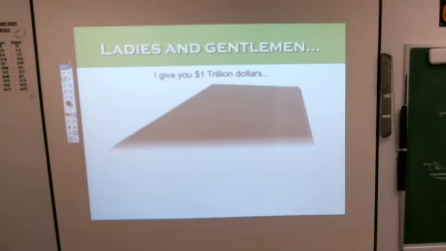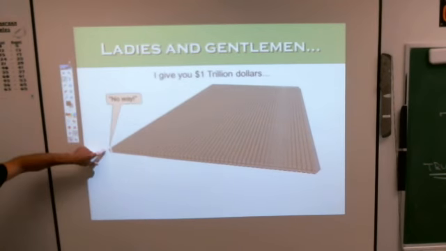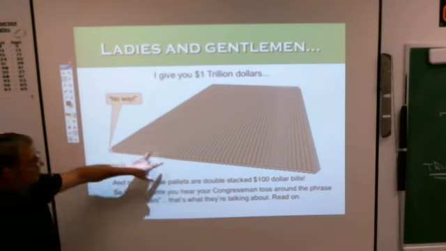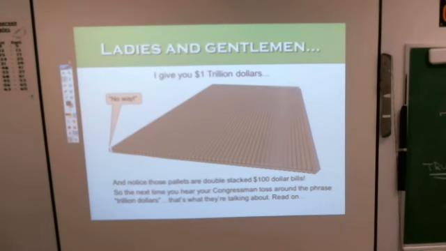It's as big as a field. See the guy? It's stacked too high. It almost looks like a soccer field stacked 2 pallets high with $100 bills. You could drop that over my house.